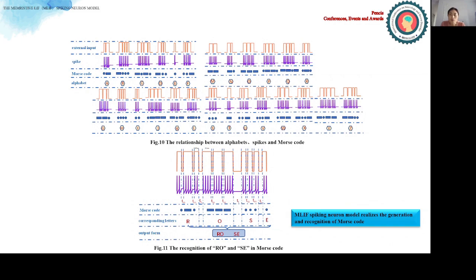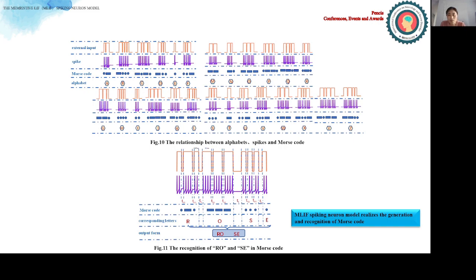The narrow pulse current and the wide pulse current are applied to the MLIF spike neural model, and the two-spike action potential and the four-spike action potential are obtained. The two-spike action potential is the resting state of the MLIF spike neural model.